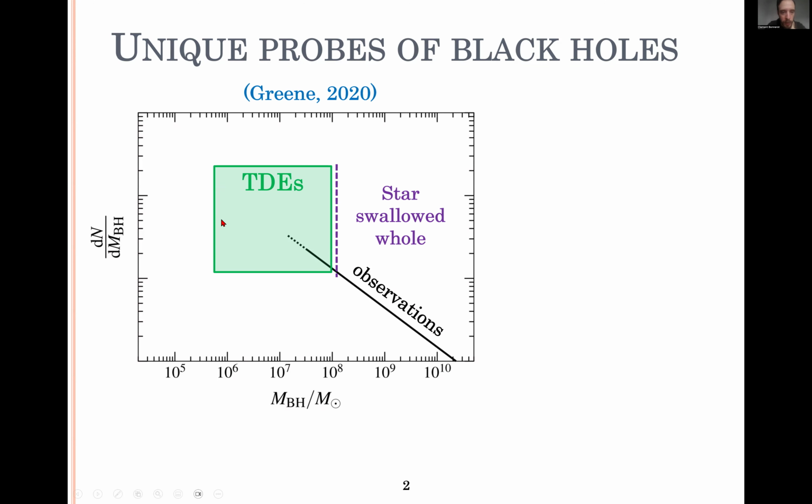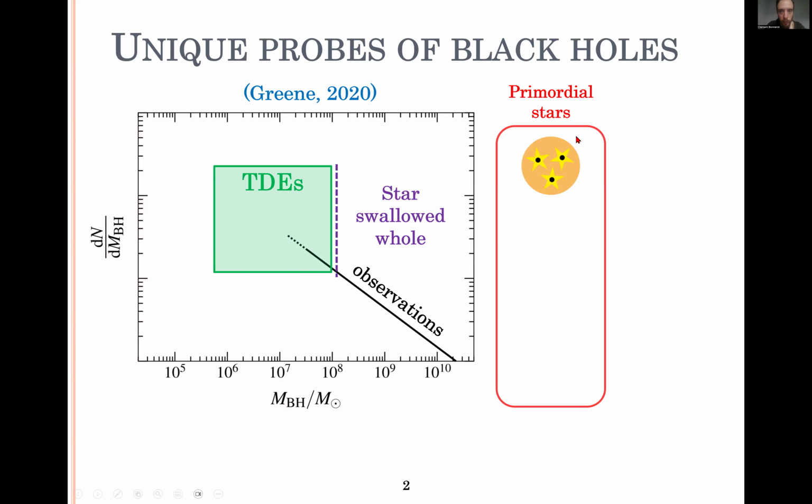This range of mass is also important because it potentially allows us to put constraints on the origin of supermassive black holes. In my simplistic picture, there are two main such mechanisms. The first is formation from primordial stars in the early universe, also called population 3 stars.